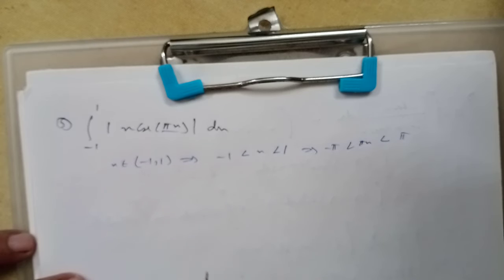Now cos pi x is positive in the first and fourth quadrant, that is from minus pi by 2 to plus pi by 2. So we have to split it: minus pi to minus pi by 2, then minus pi by 2 to plus pi by 2, then pi by 2 to pi.